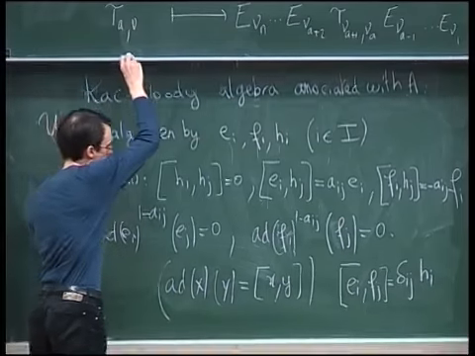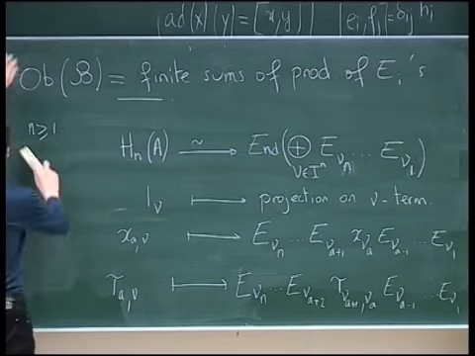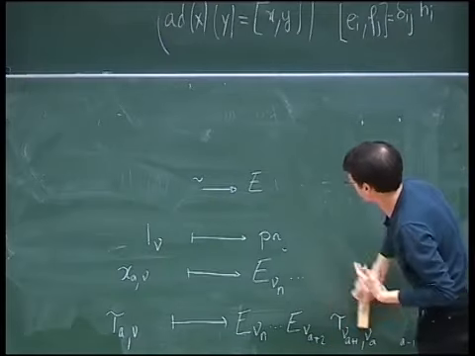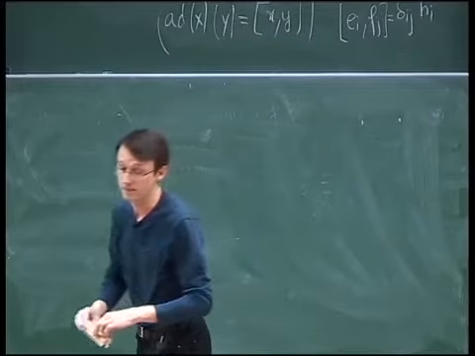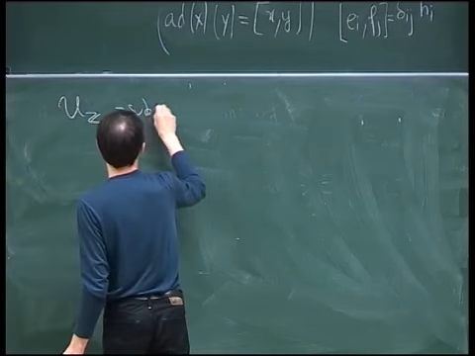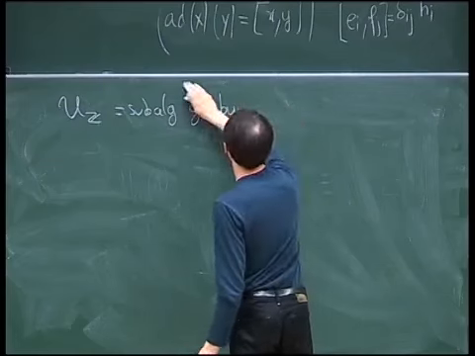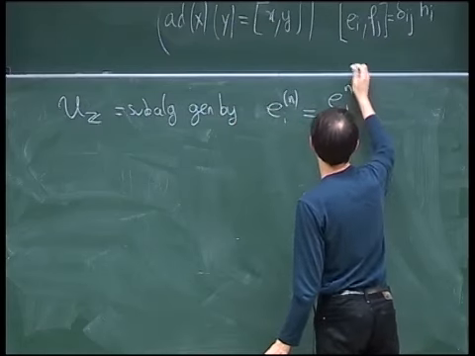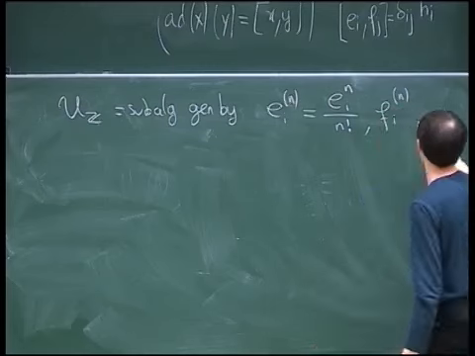Chevalley, Kostant, Cartier, whatever lattice, which makes representations nice, a definition over Z. So U_Z is a subalgebra generated by divided powers. Ei to the n is by definition Ei to the n divided by n factorial, Fi to the n, and Hi's.